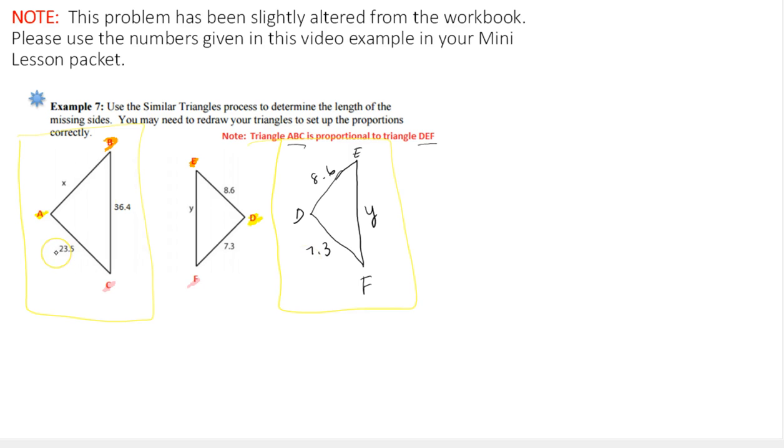So I'm going to start with this. Let's call this triangle 1 and this triangle 2. Triangle 1 is going to go on top, and we'll put triangle 2 on the bottom. So 23.5 over 7.3.